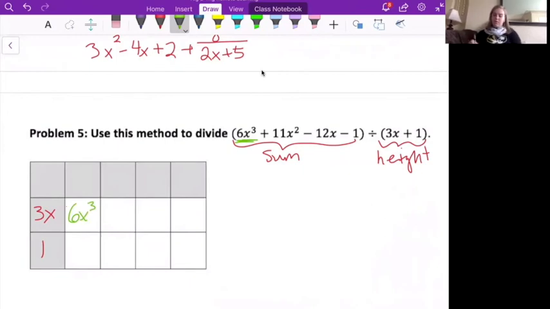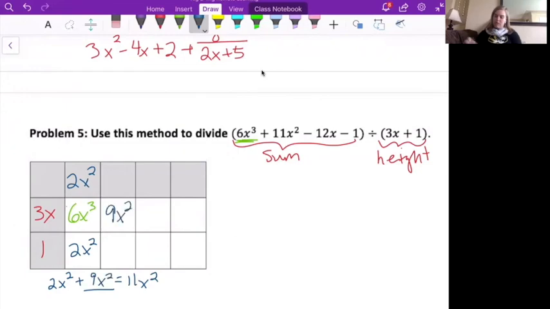Then I want to think about what times 3x gives me 6x cubed. So that would be 2x squared. And then 2x squared times 1 would give me 2x squared. Then I want 2x squared plus something equals 11x squared. So that would be 9x squared. And so that goes here, because again, our diagonals have to add up to be the thing in the sum.